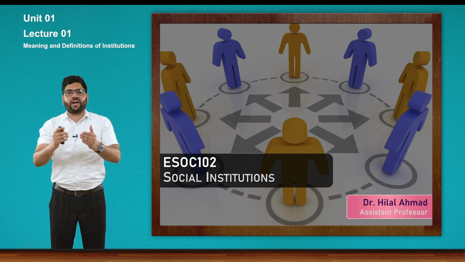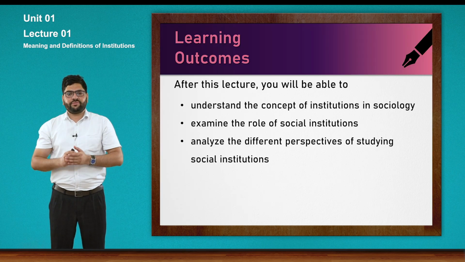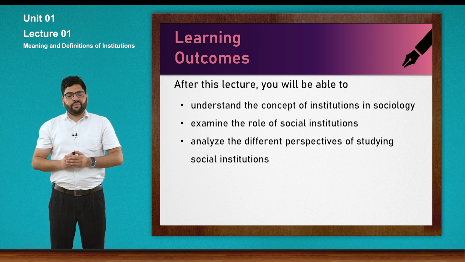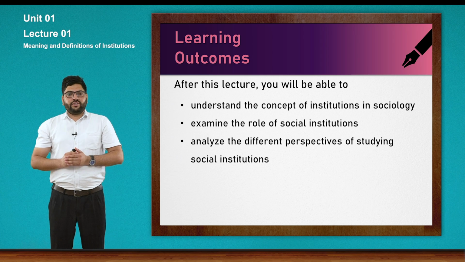Before starting this lecture, there are threefold learning outcomes. After this lecture, you will be able to, number one, understand the concept of institution in sociology.